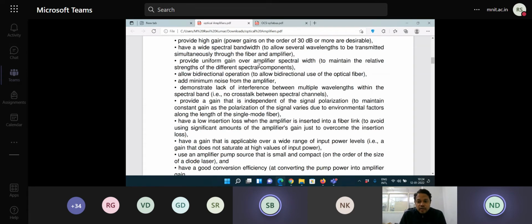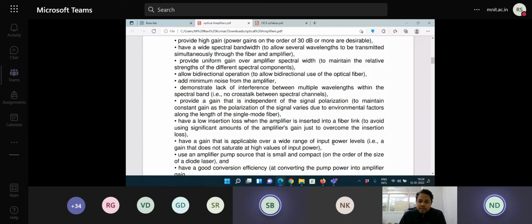Now, the next point is, if my input power levels are very low, it is desirable that I amplify them. But if the input power levels are not that low, even then I would like to amplify them.